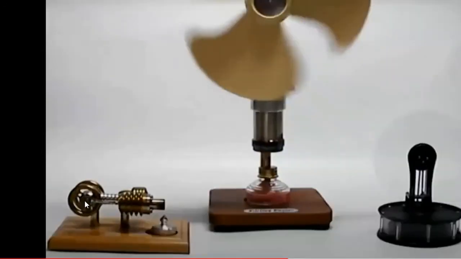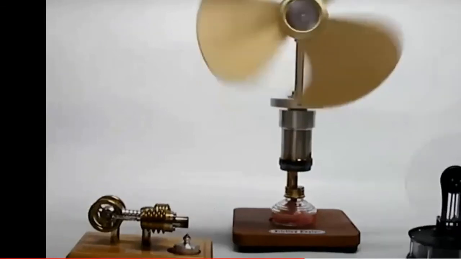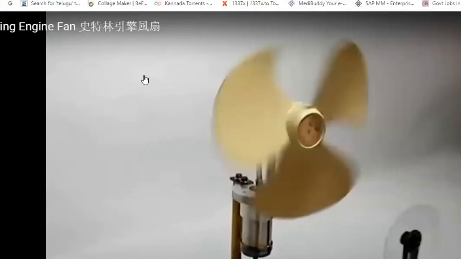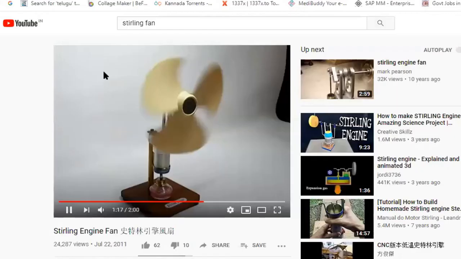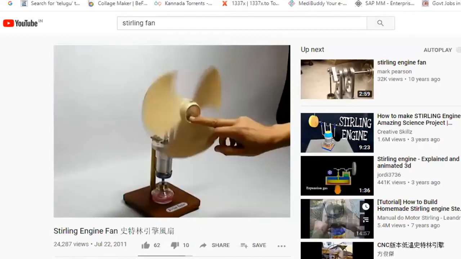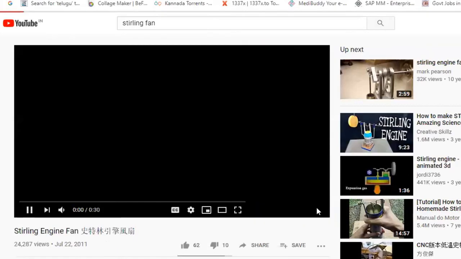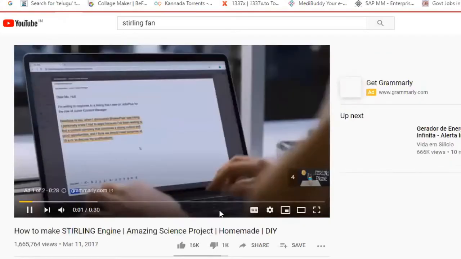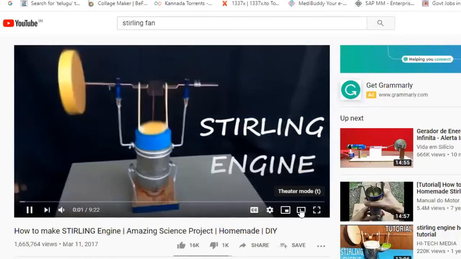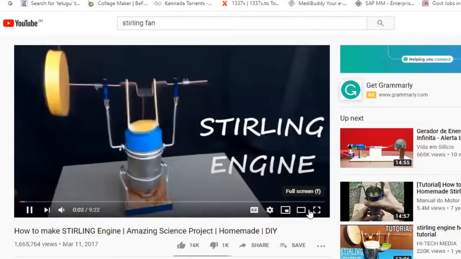This is a small Stirling engine they are showing. This is already working. And even more, you can build the Stirling engine yourself. Check out, this can be built yourself and showcased in exhibitions.